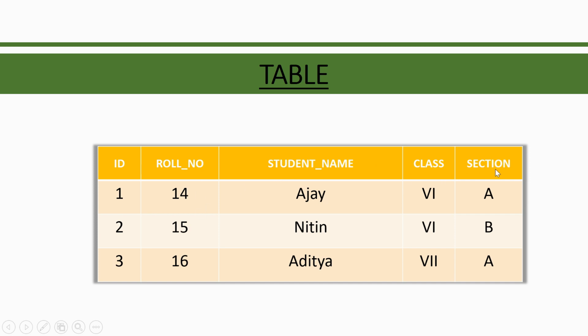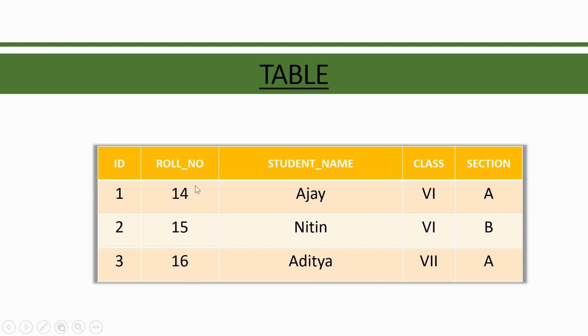So basically this table is going to hold the data of all the students in the entire school. If you talk about one particular branch of a school, it is going to store the entire data of that particular school. So you can see roll number 14, name is Ajay, class is 6A, and the next is 15, 16.